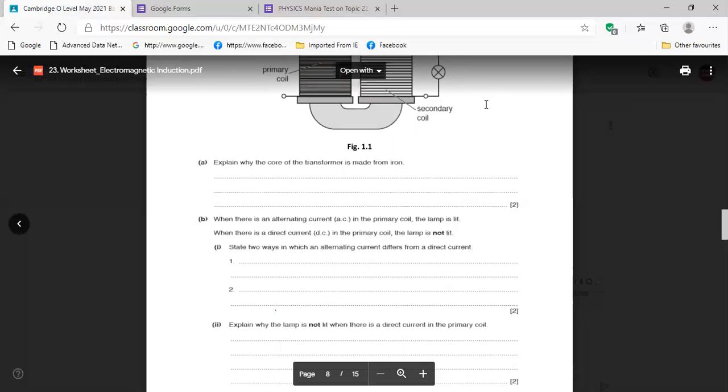Sir, so in one we will write DC is the flow of current in one direction, and in two, the flow of the current in AC reverses after a period of time.